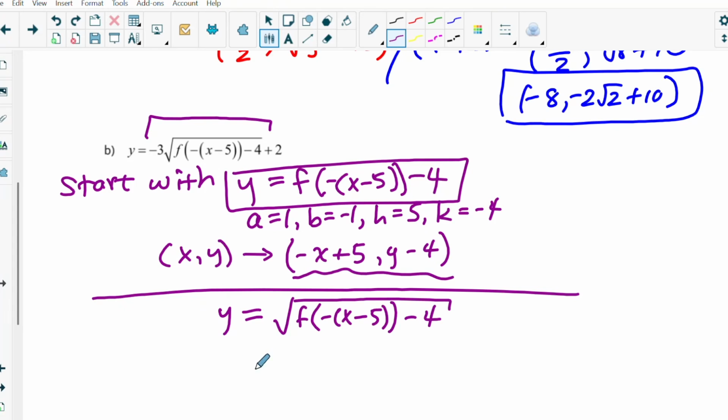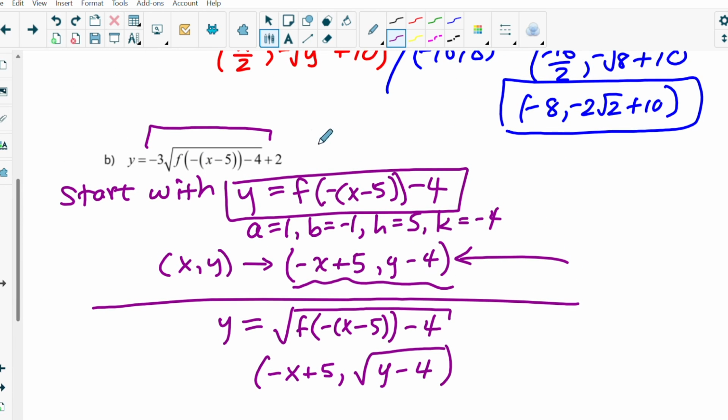Okay, so when I do that, what happens to my mapping? My mapping, negative x plus 5. Now I'm throwing a square root sign over the entire thing. And then let's keep going. Let's work back to this original, this entire thing. So I've put the square root sign back on.